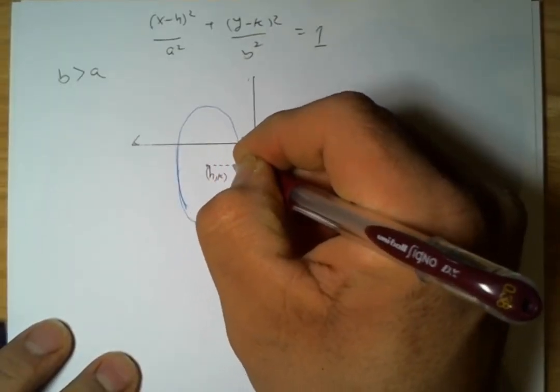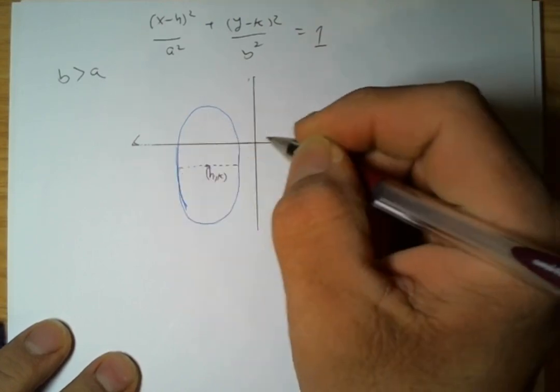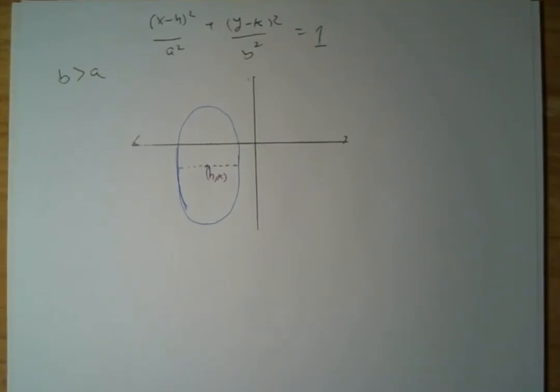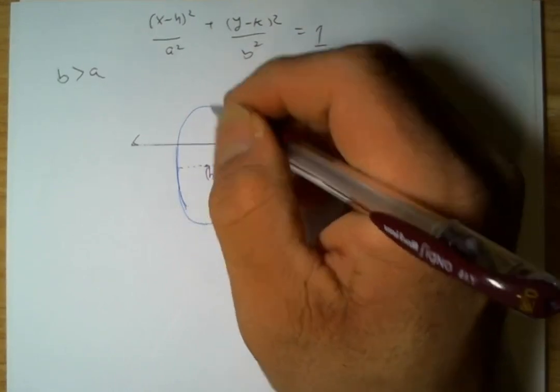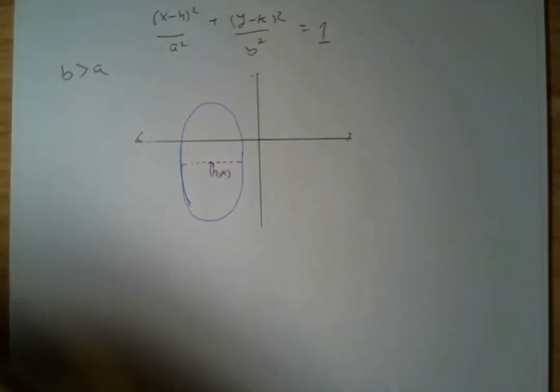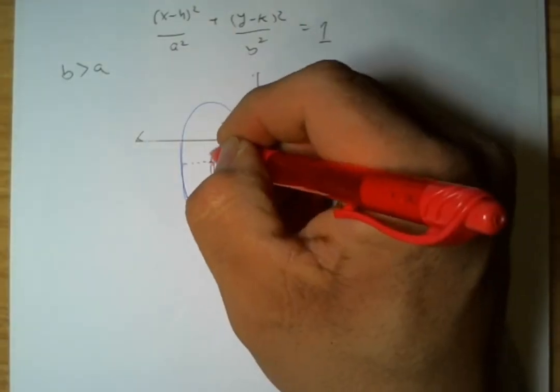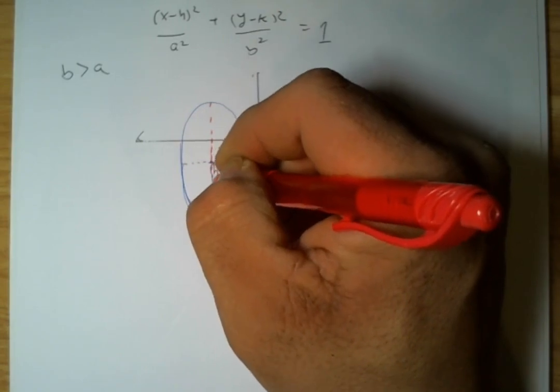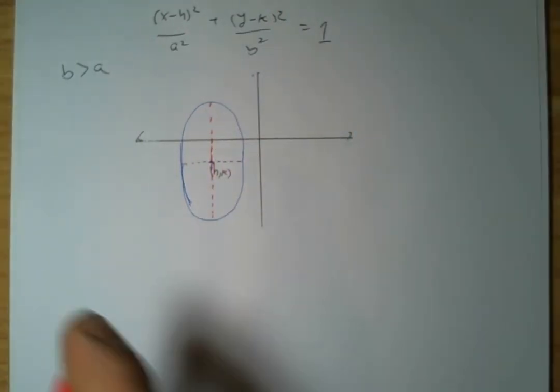And now we have our minor axis along the horizontal, parallel to the x-axis, and we'll have our major axis vertical, parallel to the y-axis.